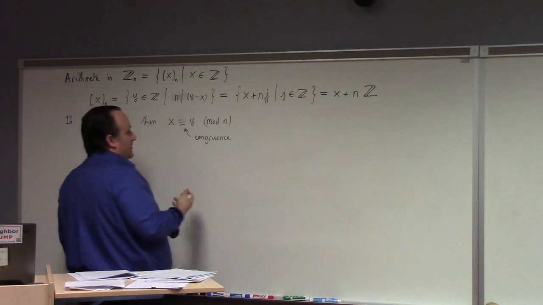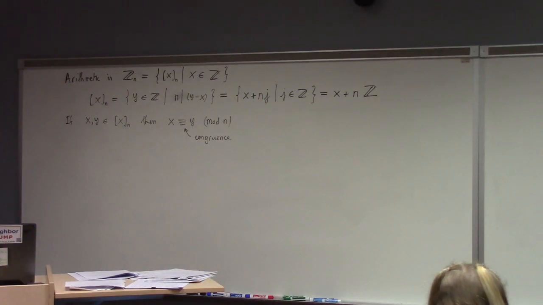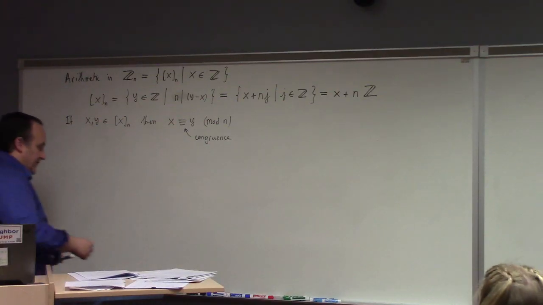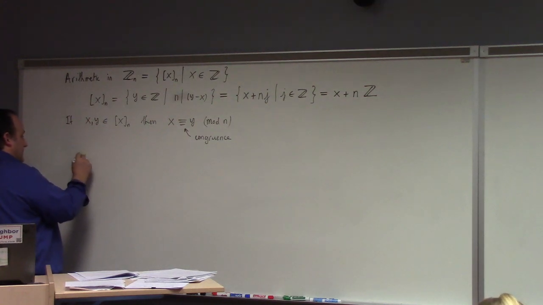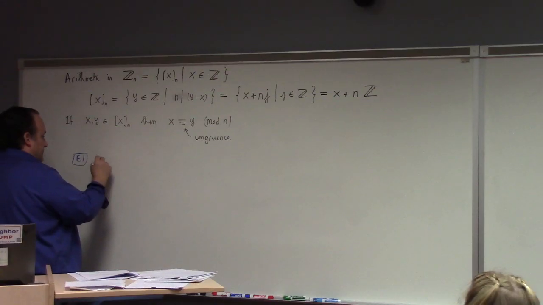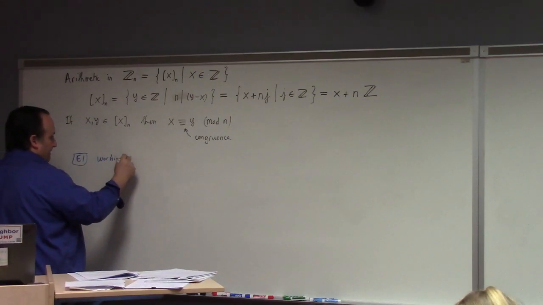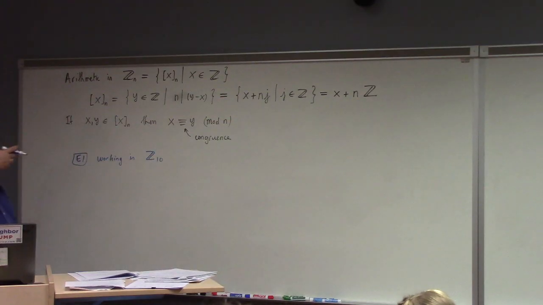Now, you have to be careful with the equivalence classes because there's all kinds of funny new notations. Like, for example, if I was working in, say, Z mod 10, right?